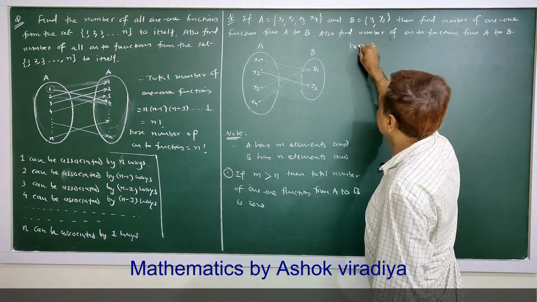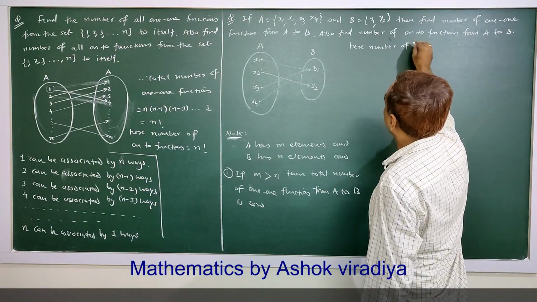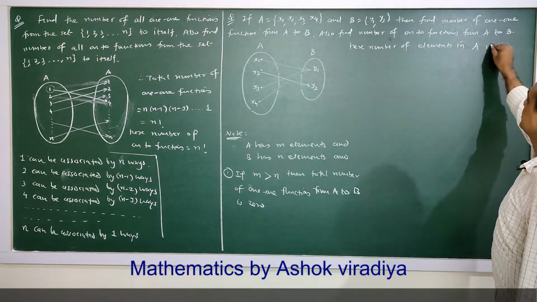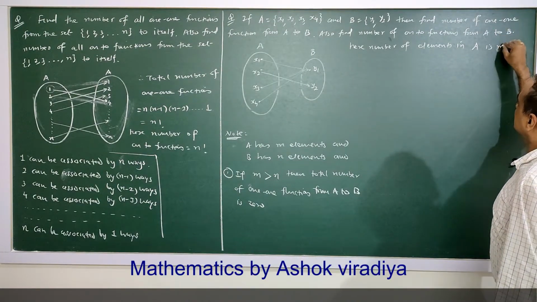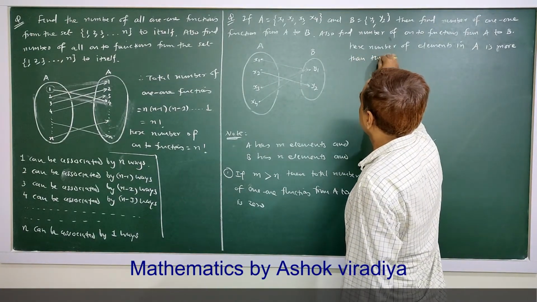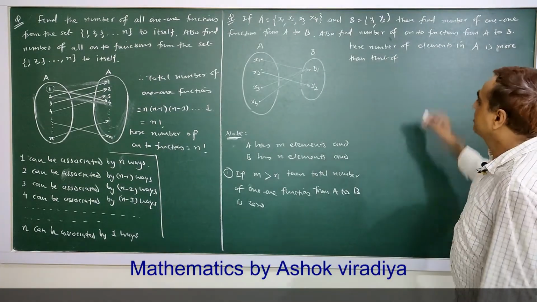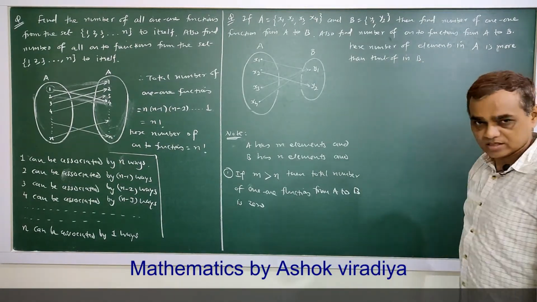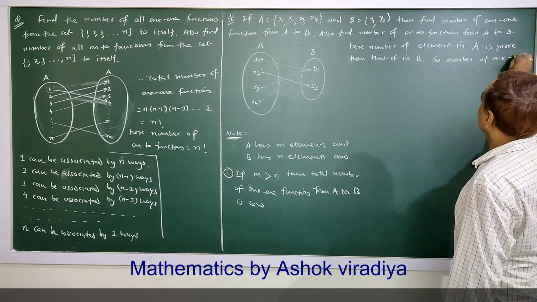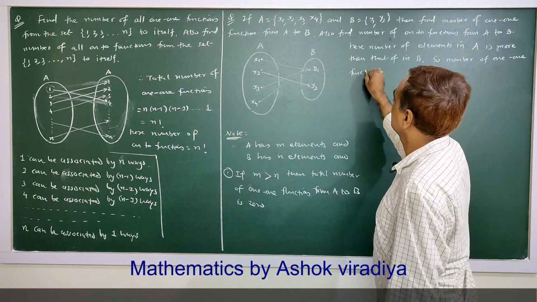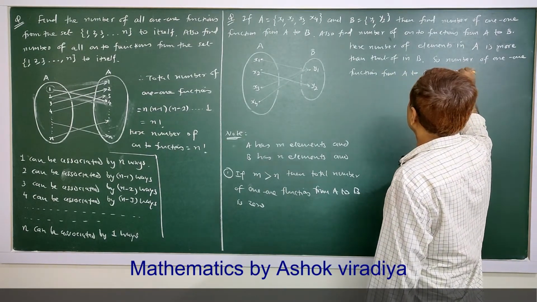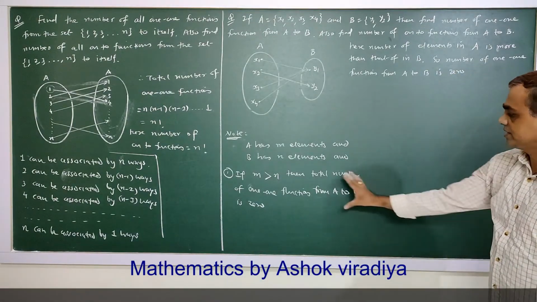So here the number of elements in set A is more than that in B. So the number of 1-1 functions from A to B is 0, like this.